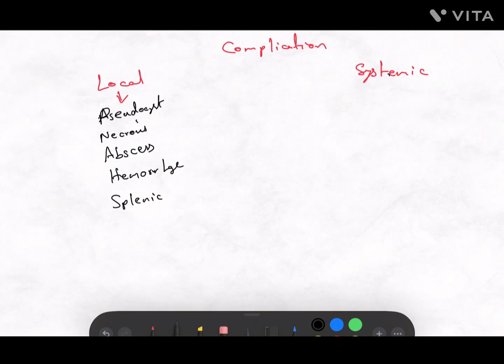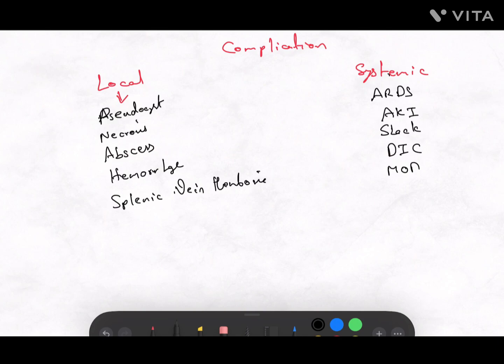So these are the local complications. Next we can see systemic complications like acute respiratory distress syndrome, acute kidney injury, shock, disseminated intravascular coagulopathy and multiple organ failure. Okay. So these are the main complications of acute pancreatitis.